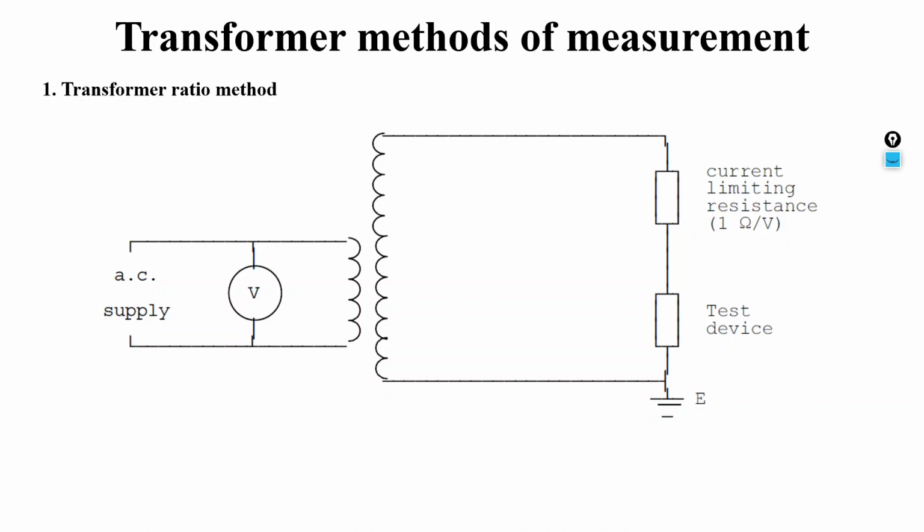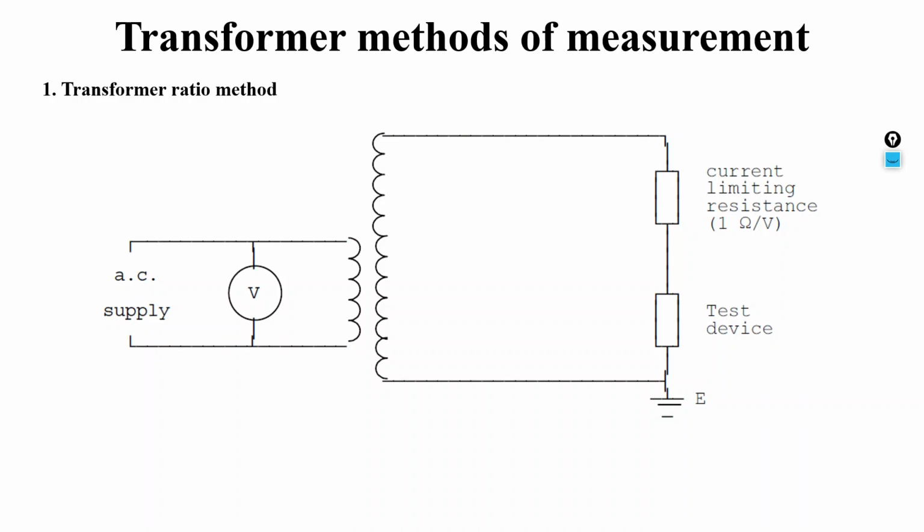So in the figure, a transformer is represented. The input to it is an AC supply, and the transformer is a step up transformer. So the primary winding voltage is a low voltage and the secondary voltage is a high voltage.